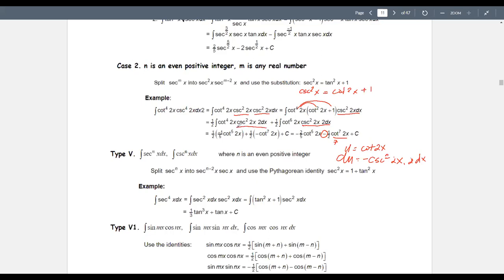Notice that there was also the introduction of the 2 in here, and you have here the 1. So this should also become negative because the derivative of the cotangent is negative cosecant squared. So you see this one, it's negative cotangent of 2x raised to 5. After you use the power rule in here, this should be divided by 5.